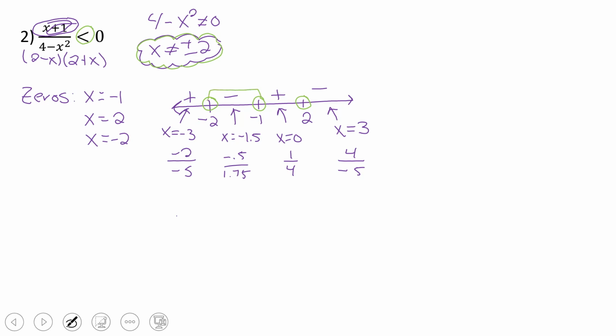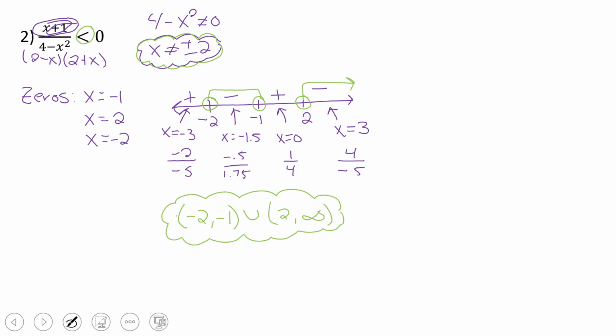So that would be connecting these two, and then the 2 would have an arrow going to the right. So the final answer for this one in interval notation would be parenthesis from -2 to -1 with another parenthesis, and then we're going to have a union from +2 all the way to infinity.